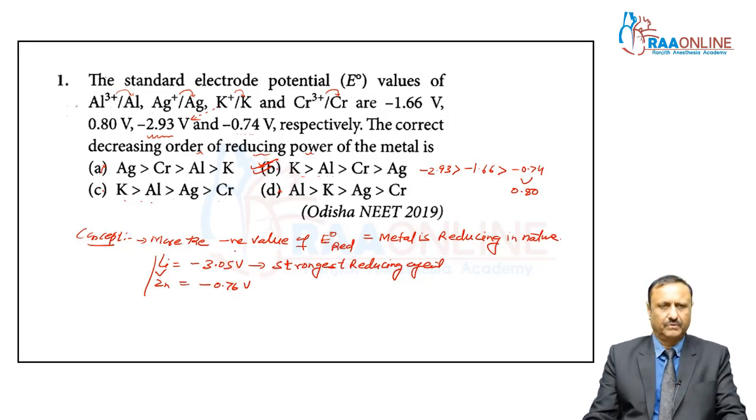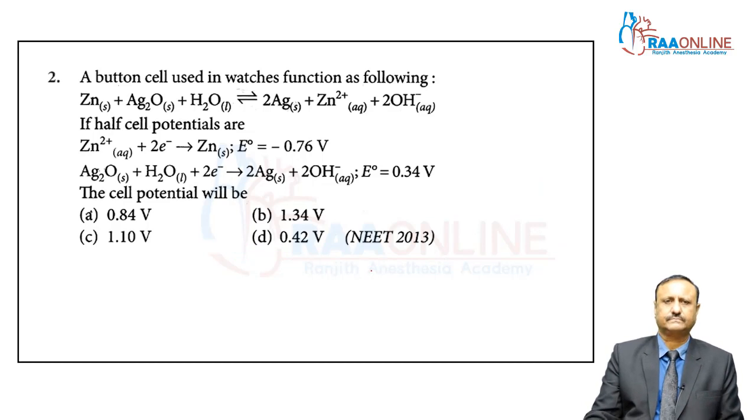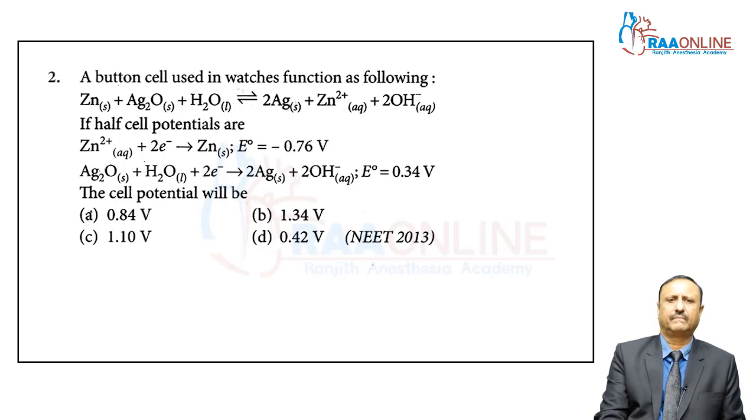Now, we can go to question number 2. A button cell used in watches functions as follows: Zn(s) + Ag2O(s) + H2O(l) → 2Ag(s) + Zn2+ + 2OH-. If half cell potentials are given, my dear students, half cell potential means electrons are added to these ions, so this is the reduction potential.